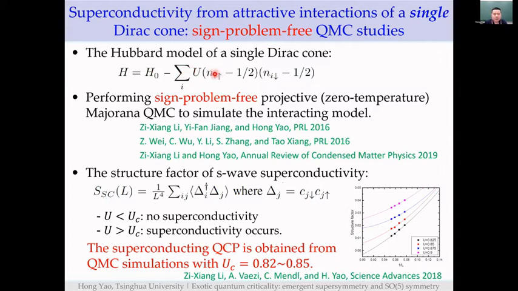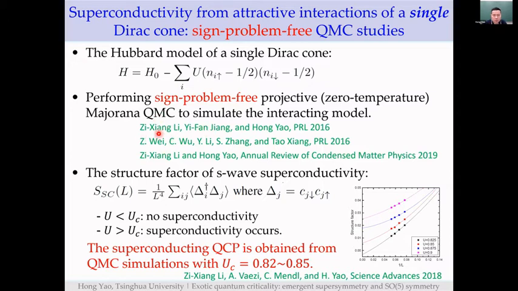And this model is actually sign problem free. So we can perform a sign problem free quantum Monte Carlo, actually Majorana quantum Monte Carlo simulation to study this interacting model. I won't go into the detail of this numerical simulation, the so-called Majorana representation quantum Monte Carlo.